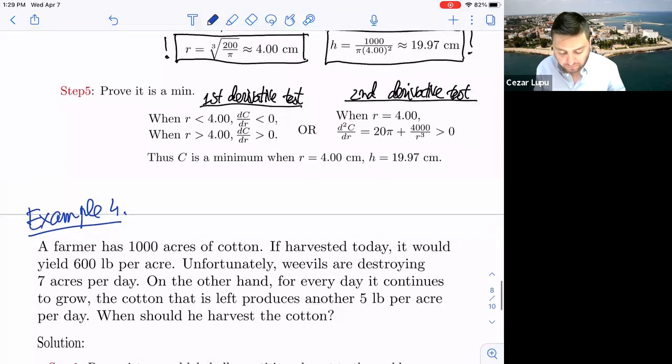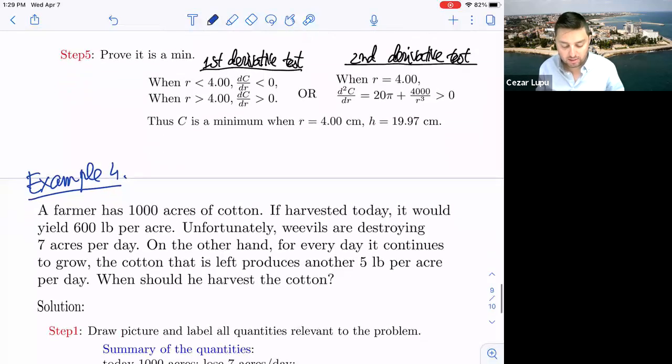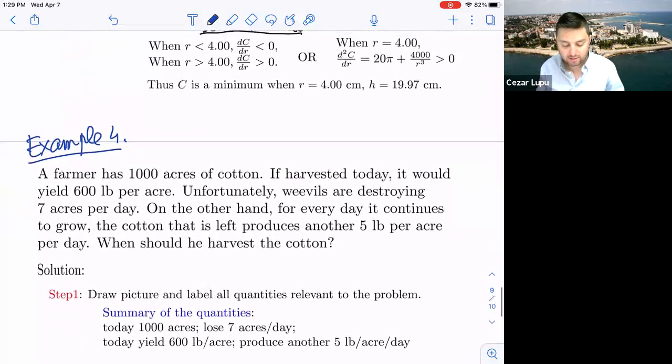First, we need to understand the problem. Step 1 is that we need to label all the quantities relevant to the problem. To draw a picture, I don't think it makes any sense, but at least we need to understand the quantities that we're dealing with.